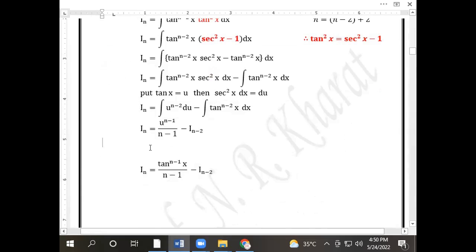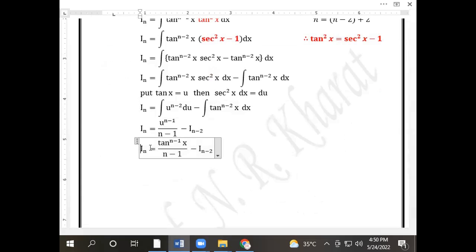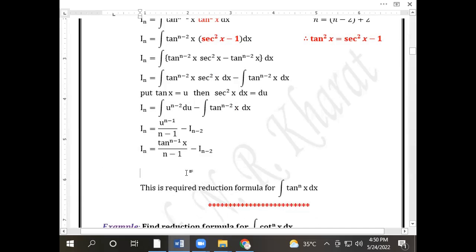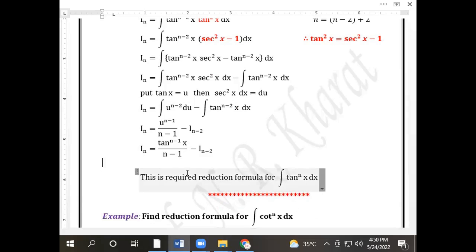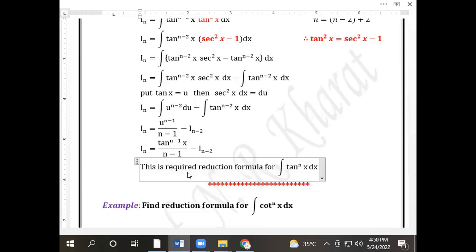And lastly, U is nothing but tan x, so I_n becomes I_n is equal to tan raised to n minus 1 of x divided by n minus 1, minus I_(n minus 2), which is the formula. This is the reduction formula for the tan.